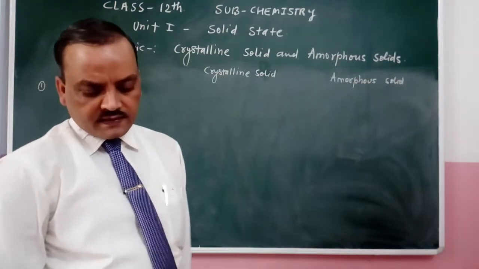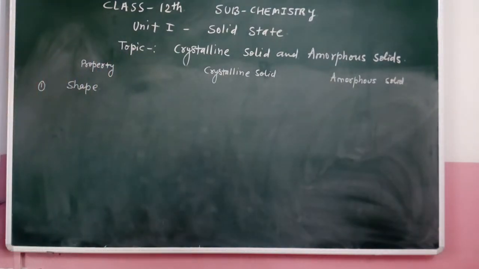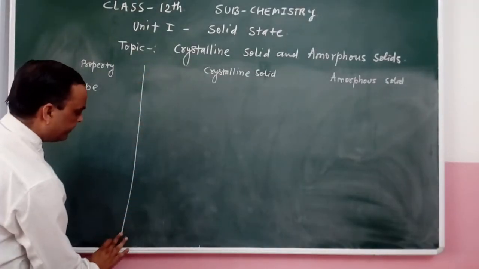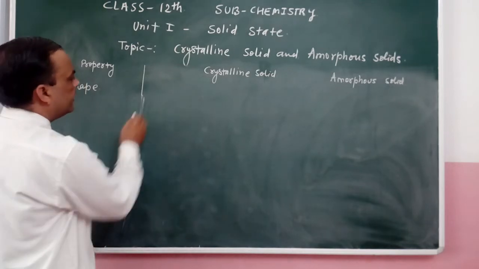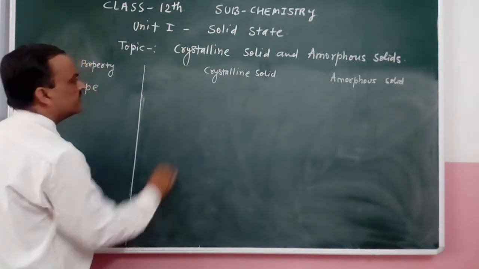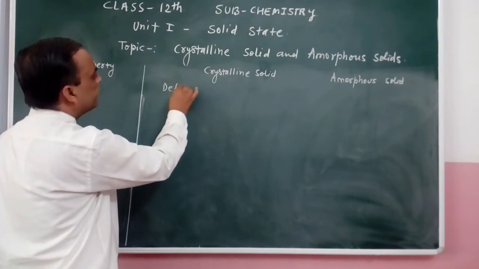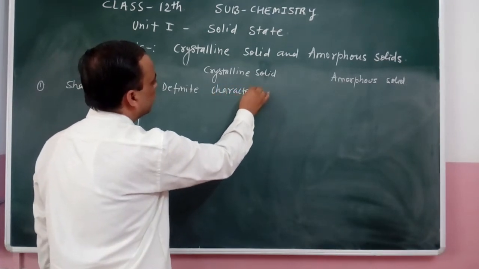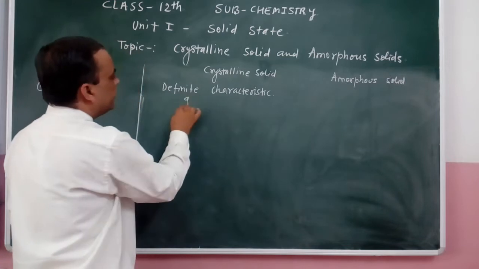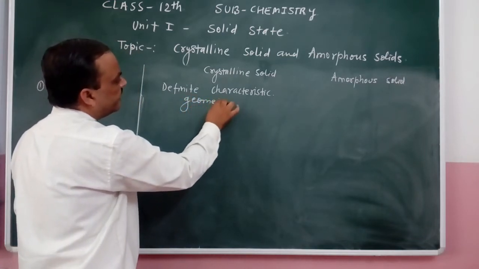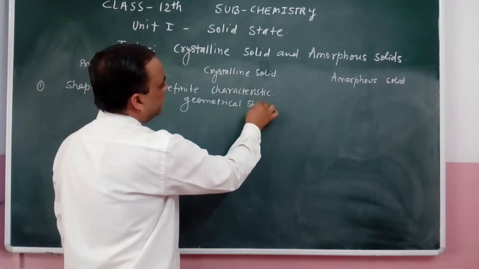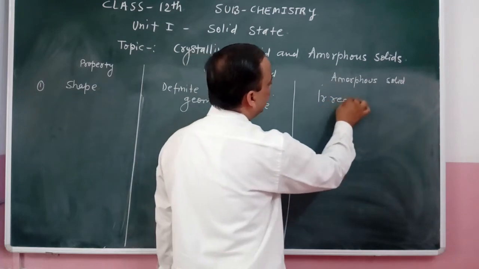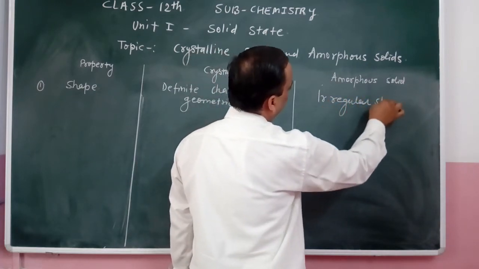In this, crystalline solids have a definite characteristic geometrical shape, but amorphous solids have irregular shape.